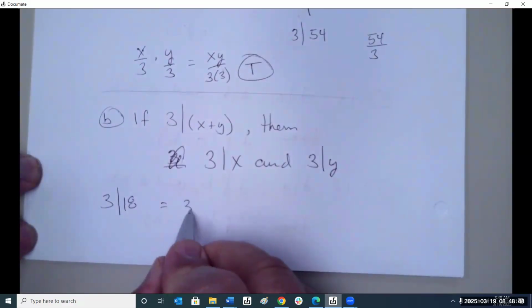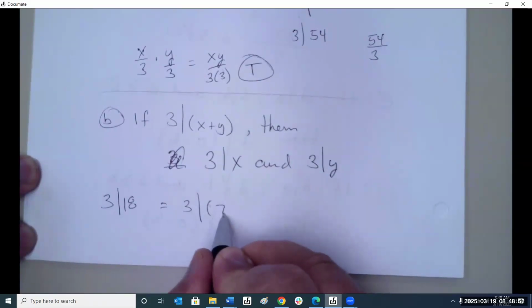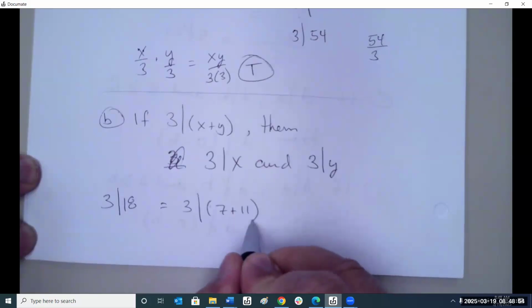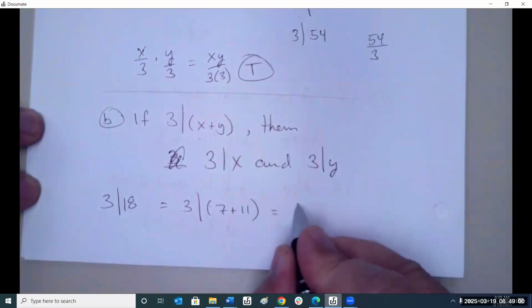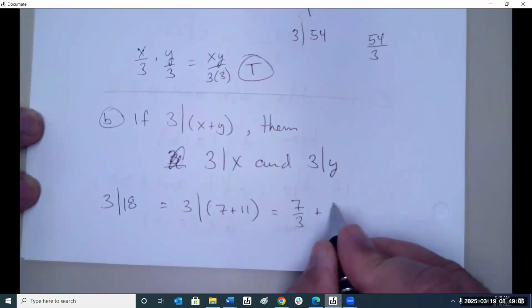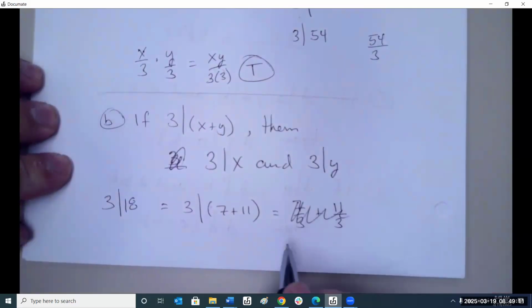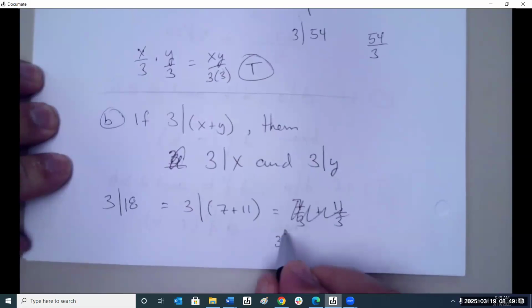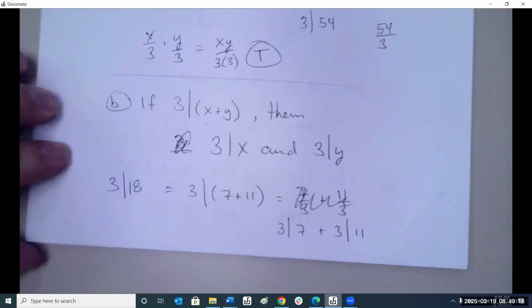Okay. Does 7 plus 11 equal 18? Actually, that's not what I said. We have to do this. Are those true?